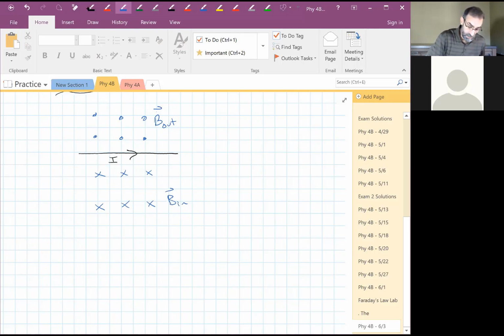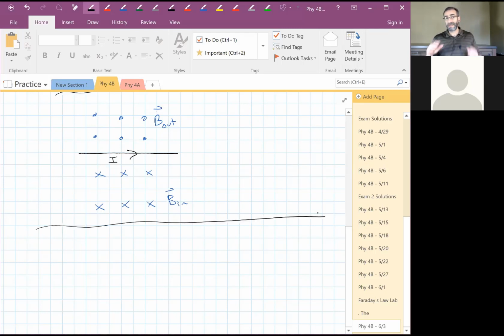So what we want to do is take our wire and bend it into a circle, so we have a current in our circular wire.